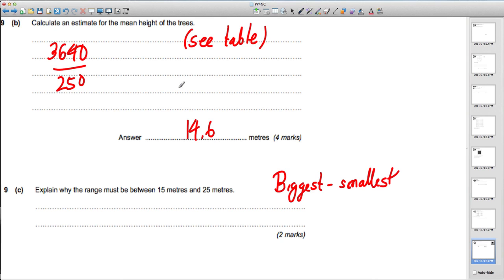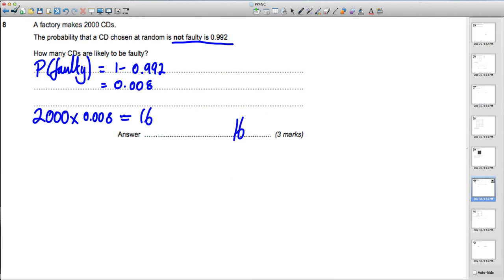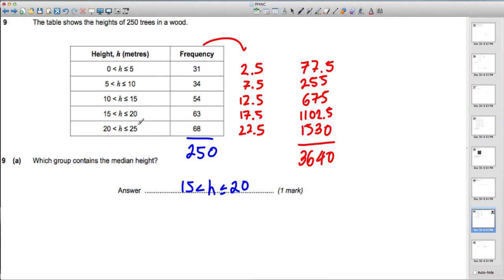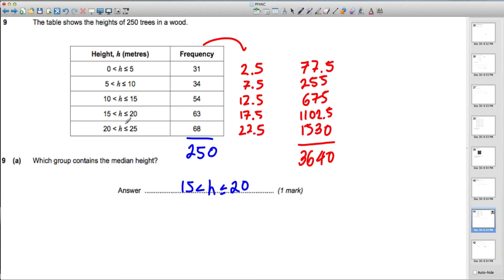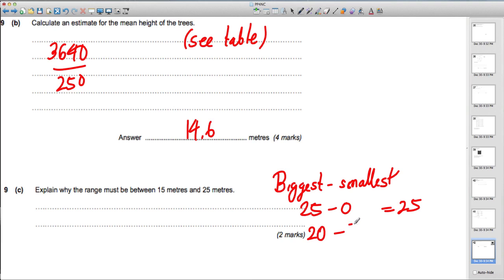Now looking back at our table, it could be 25 at most and 0 at the least, effectively. So it could be 25 take away 0 is 25, or it could actually just be 20. It could be the lowest number here take away the biggest number here, so it could also be 20 take away 5, which is equal to 15. And then write: due to grouping.